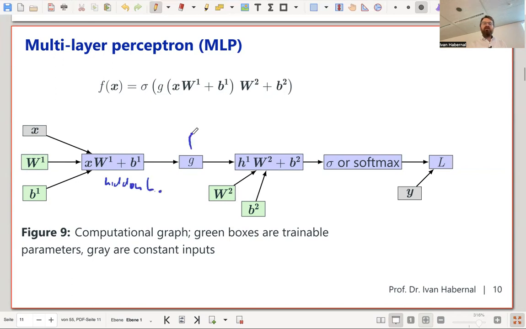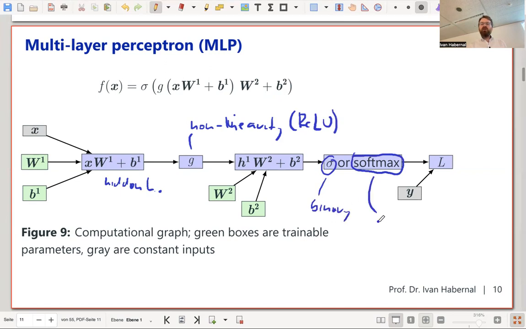Here we have the nonlinearity, the G function, which could be ReLU, for instance, or others. Then we project it to the output layer. Typically the output layer is followed by a sigmoid or a softmax: sigmoid for a binary task and softmax for a multi-class problem.